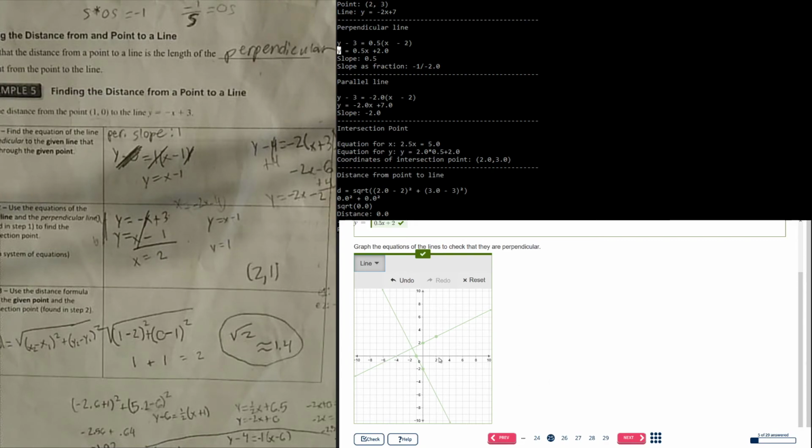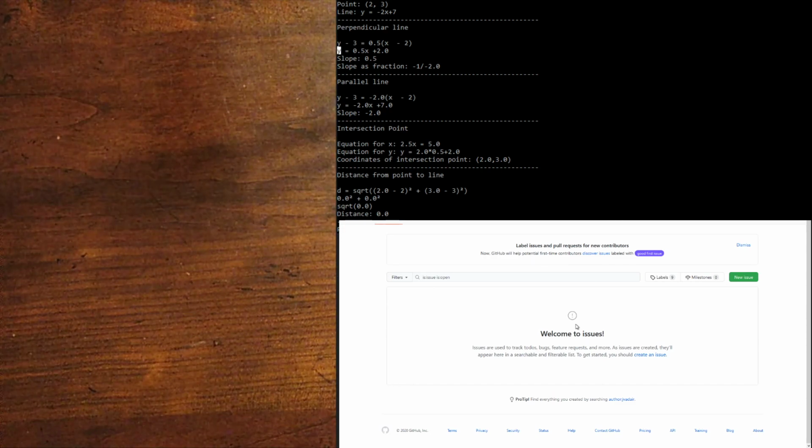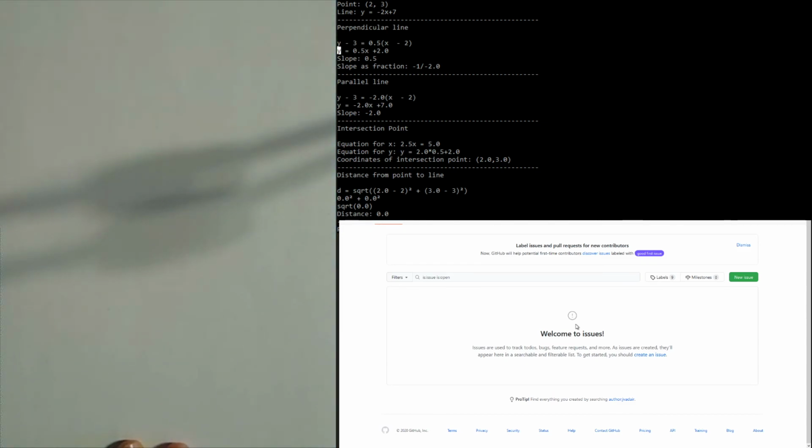Just mark an issue in the GitHub issues section right here. So yeah, that's that. Pretty simple, pretty nifty. Really no reason you wouldn't use it, unless you just want to actually solve all these by yourself, which I honestly can't think of why you would.